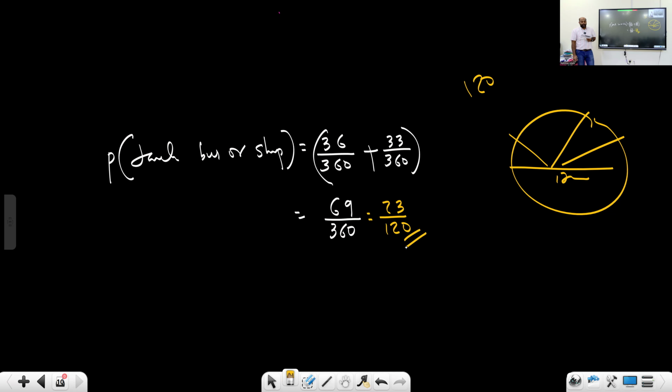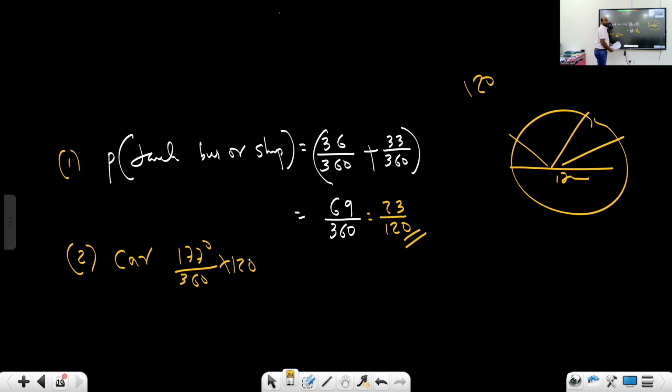Second question. Which is the most favorite mode of transport and how many people? They didn't ask probability. They are asking the most favorite one. Which one? Car. Second one. Tell me, how much degree car? 177 degree out of 360. How many people are there? 120. Here why I multiplied?